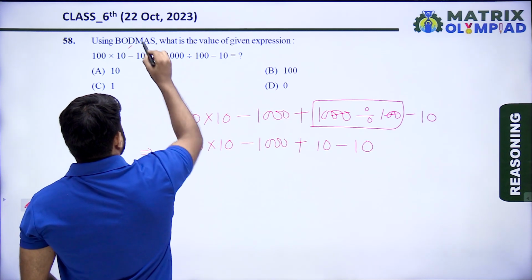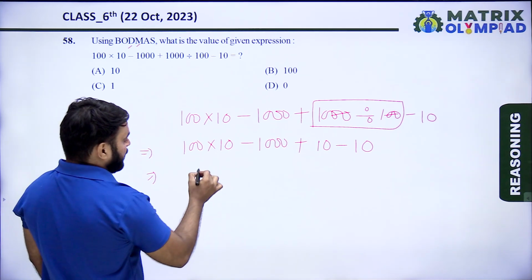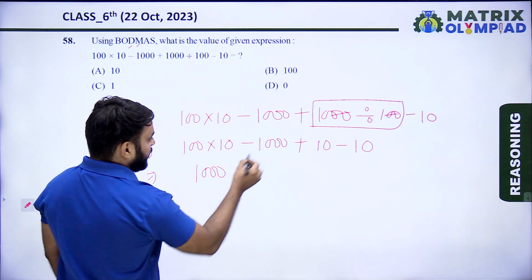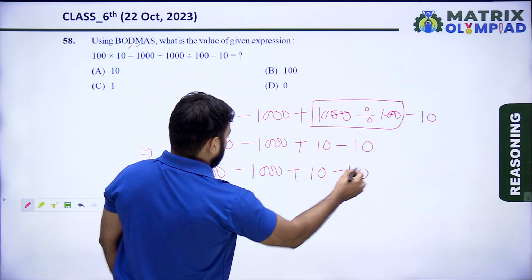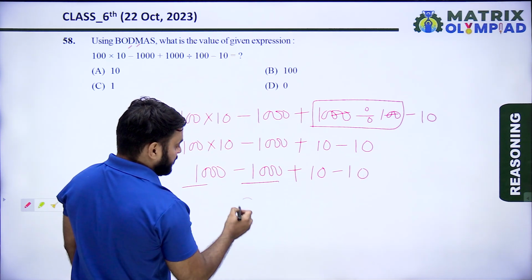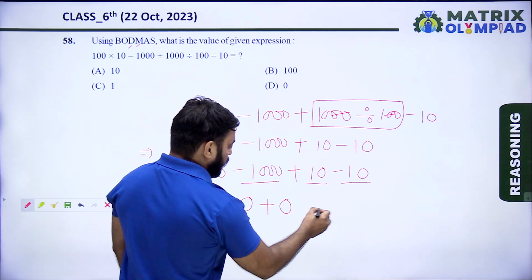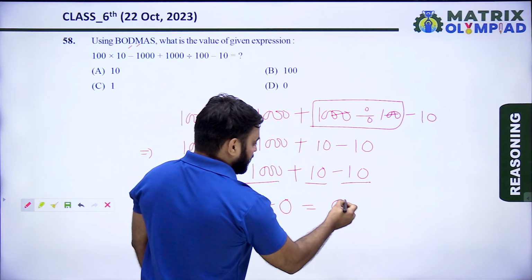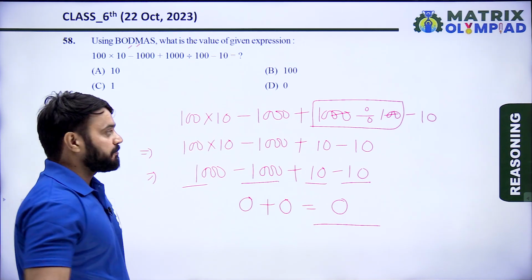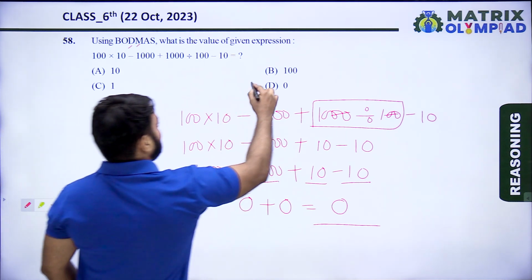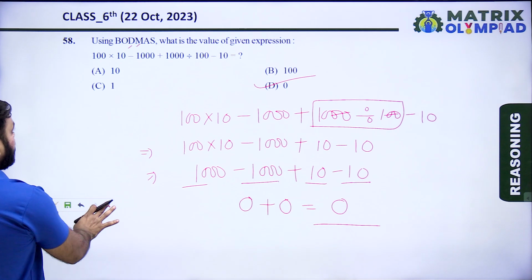Now, multiply the numbers. 100 multiplied by 10, it means 1000 minus 1000 plus 10 minus 10. 1000 minus 1000, it means 0. Plus 10 minus 10, it means again 0. Now 0 plus 0, it means 0. So here 0 is the correct value of the given expression. So option D is the correct answer of this question. So let's move on to the next question.